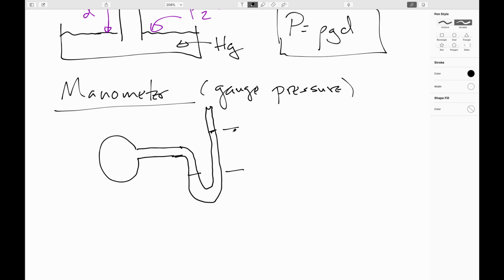Water is actually very popular in engineering applications. And then what's going to matter is the difference in the heights of the column here. So the pressure here is P2. I'm trying to show this as being open to the air right here, so this is going to be my pressure P1. And this is usually, but does not have to be, 1 atmosphere.